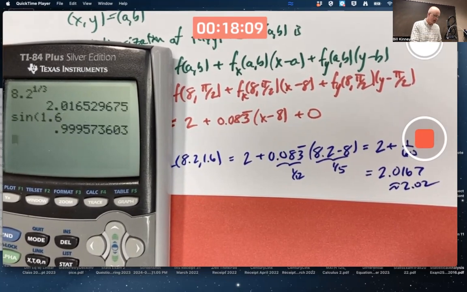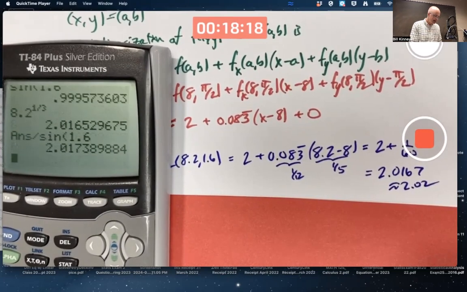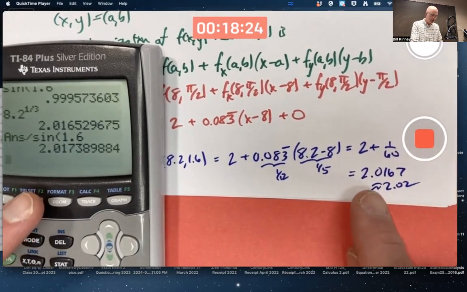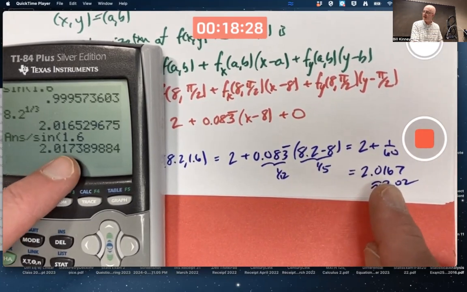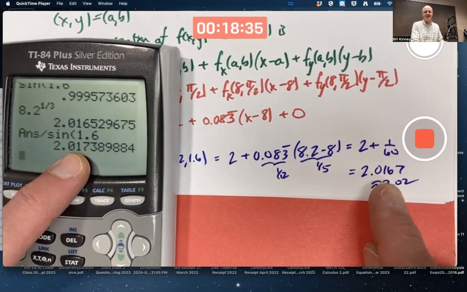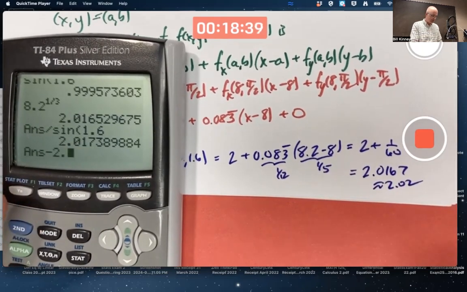Oh, something's wrong. Oops, no, I didn't divide. That's why. 8.2 to the 1/3 power divided by sine of 1.6. 2.02, yeah, okay. To the next decimal place, it would be 2.01617, just like this is 2.017. What's the error in the approximation? The error is the actual value minus the approximate value.